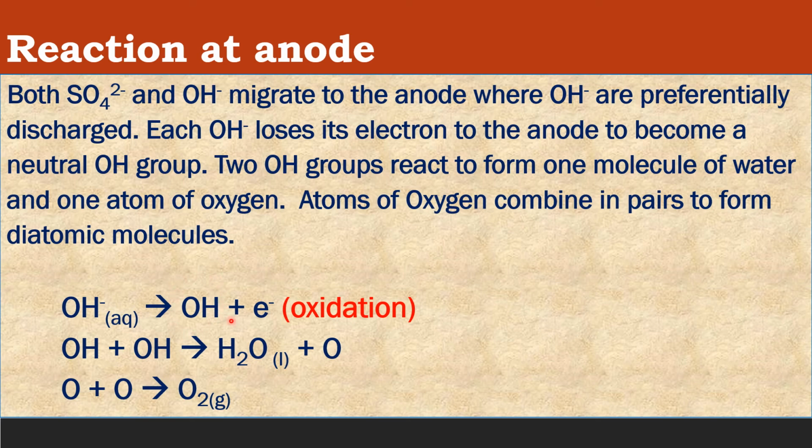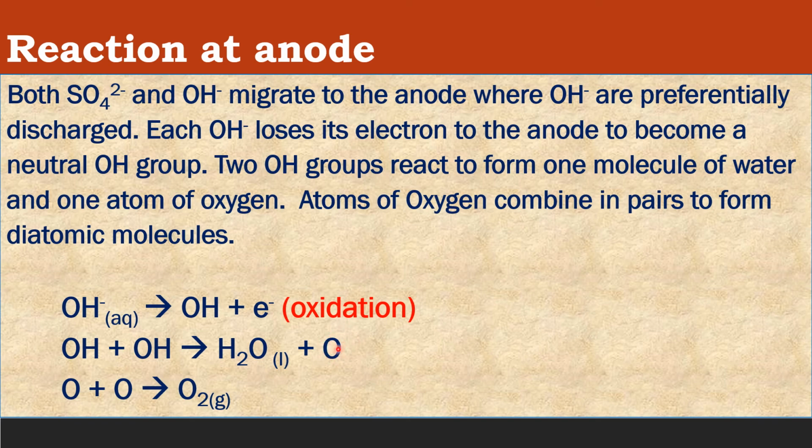OH group cannot stand alone. OH group is just like a parasite, especially in organic chemistry. So two OH groups will be combined together to form H2O and O, and of course oxygen is not written as O in any chemical reaction because it's also diatomic, just like hydrogen.